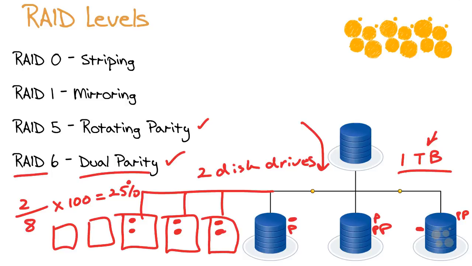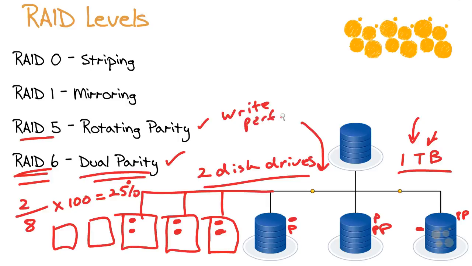Now you might look at this too and you might say, Anthony, I don't care how big my disks are. I want RAID 6. I mean, this is awesome. I can lose 2 disk drives. Performance is pretty good, and that's where we're going to be careful. You see, the read performance on RAID 5 and RAID 6 is pretty decent, but write performance does indeed suffer.